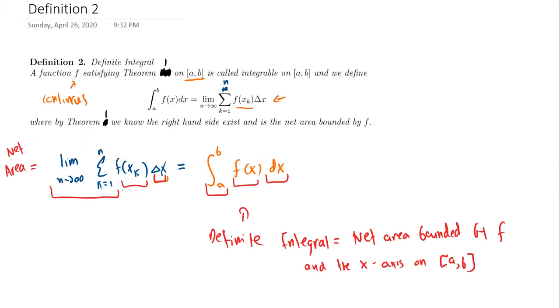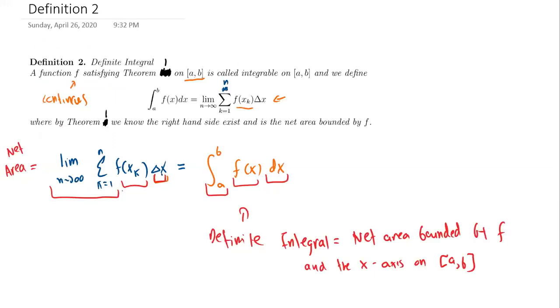So we use almost the same notation as for the indefinite integral, but it's not the same. For an indefinite integral, we did something similar, but we didn't write the interval. So the difference notation-wise is that for the indefinite integral, we don't write the bounds of the interval.